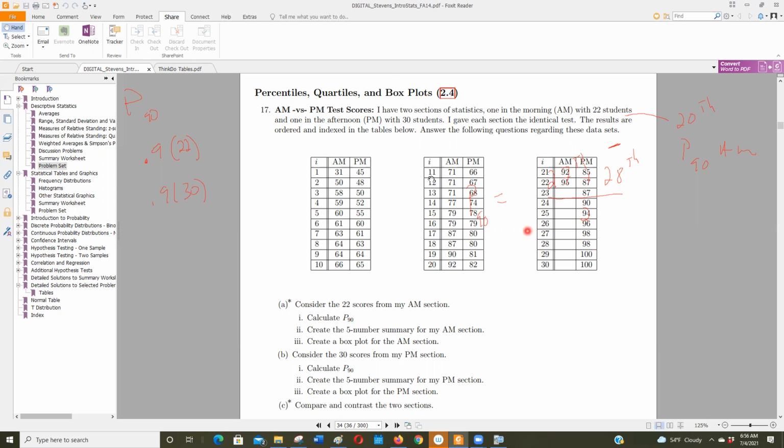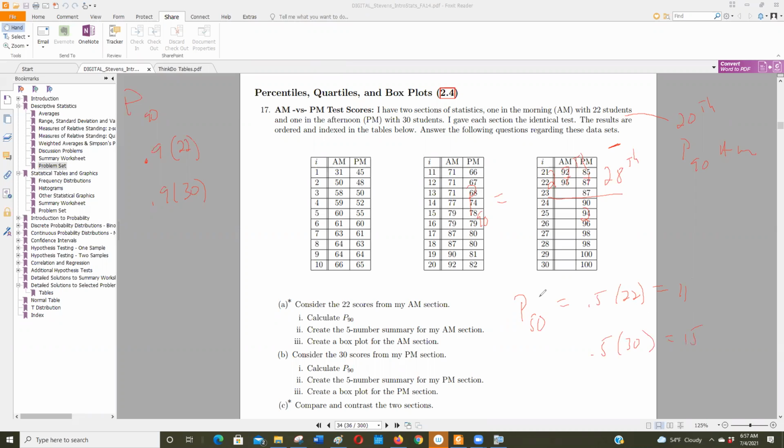Okay, sometimes it makes more sense to look at both of these distributions. If I was looking for the median, we know the median is the 50th percentile, so 0.5 times 22 is 11, and for the PM section, 0.5 times 30 is also an integer, 15.